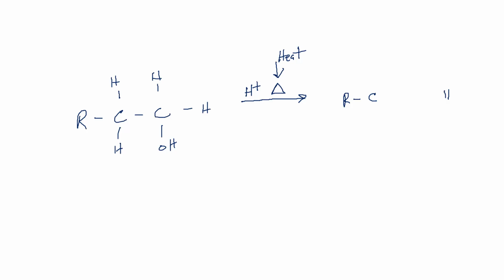So we get water over here. And then the bond between the carbons becomes a double bond, like so. So we've been talking about ethane or ethanol. So here's ethanol.